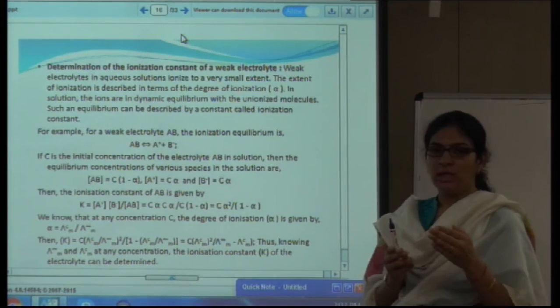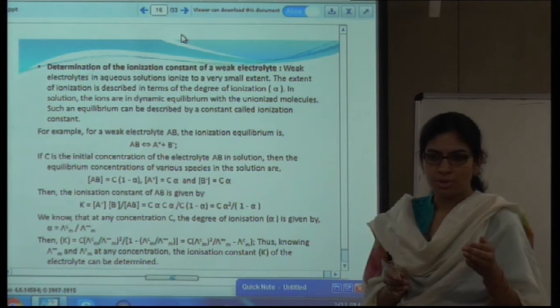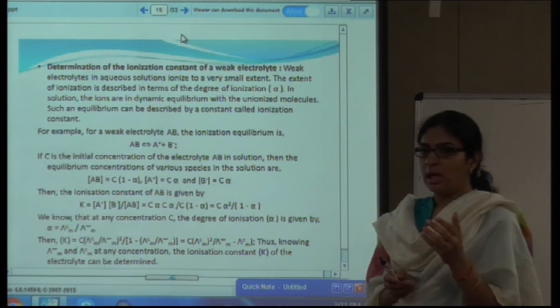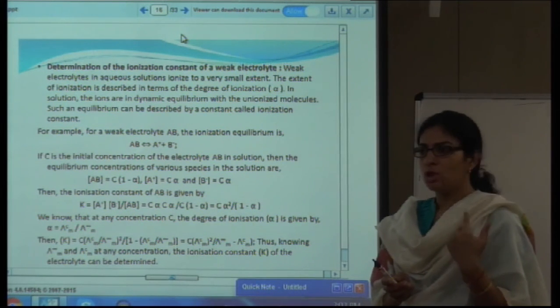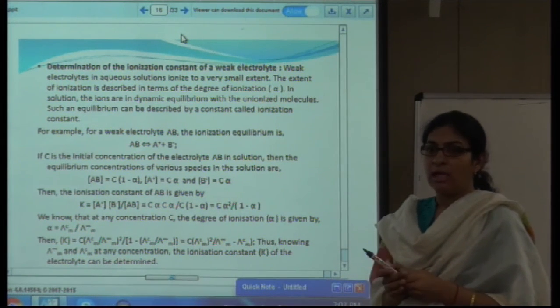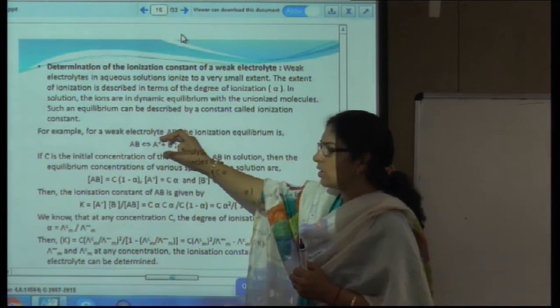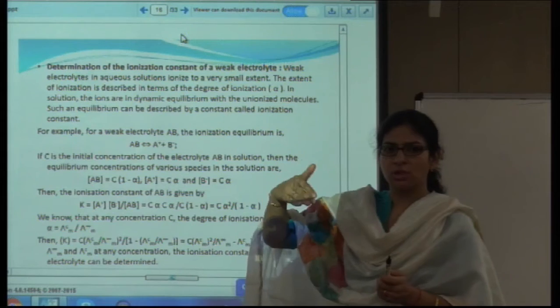If initially C is the concentration of AB, and alpha is the degree of dissociation, then how much of AB is left after the dissociation?